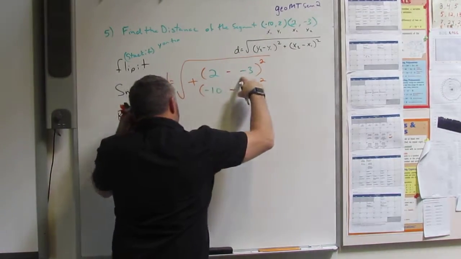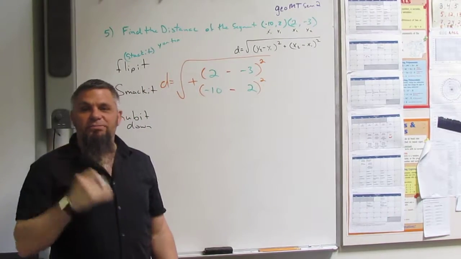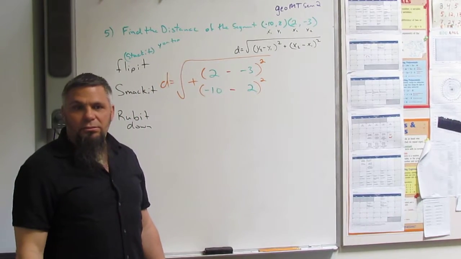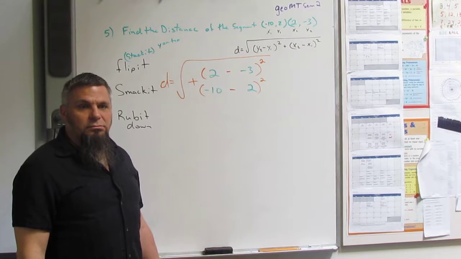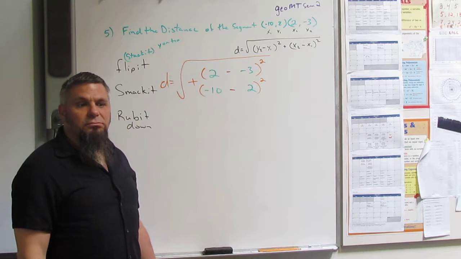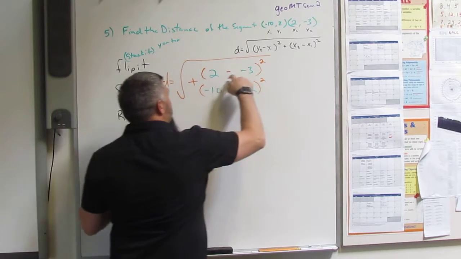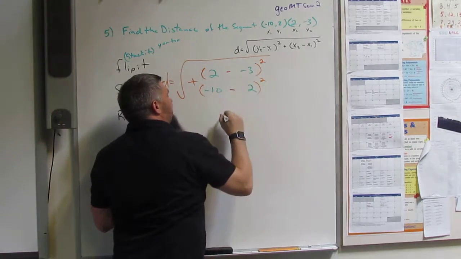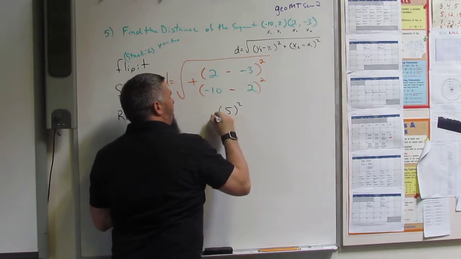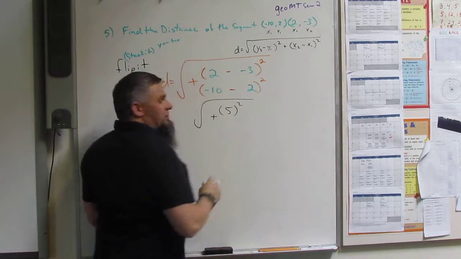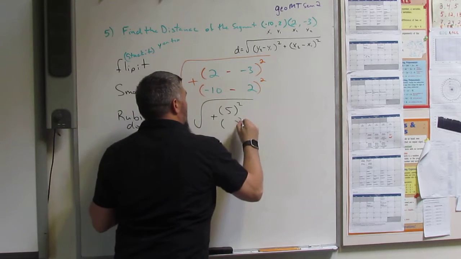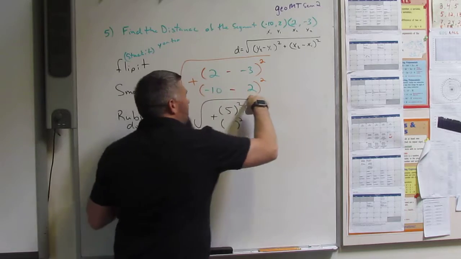Now I've got to do what's in here. What is 2 minus -3? 5. 2 plus 3, right? The 2 minuses make a plus, so 2 plus 3 is 5. Plus -10 minus 2.